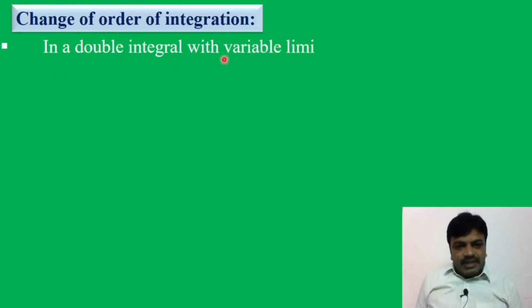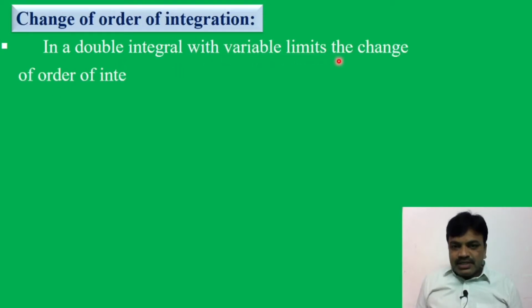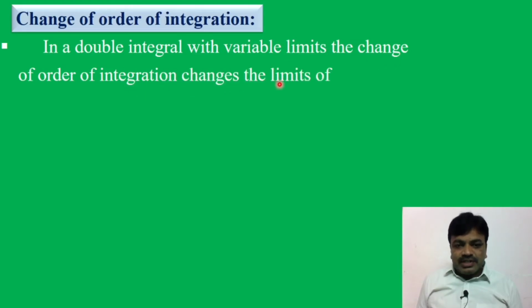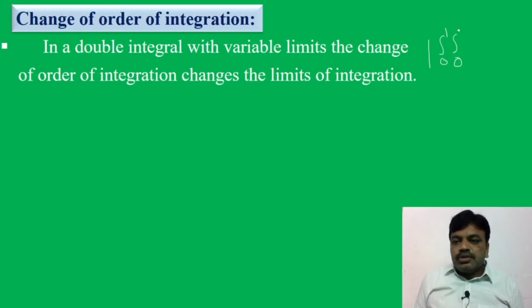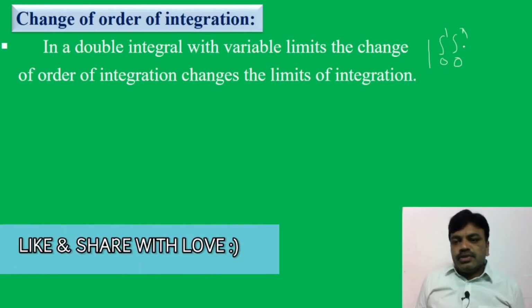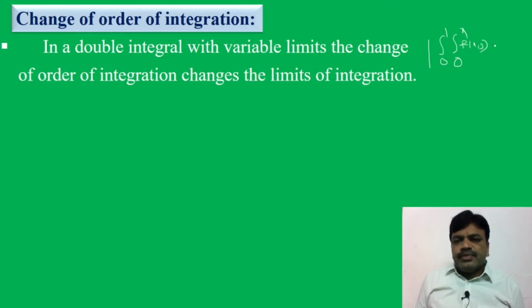In double integral with variable limits, the change of order of integration changes the limits of integration. For example, suppose integral 0 to 1, integral 0 to x, any function here f of xy dy dx.